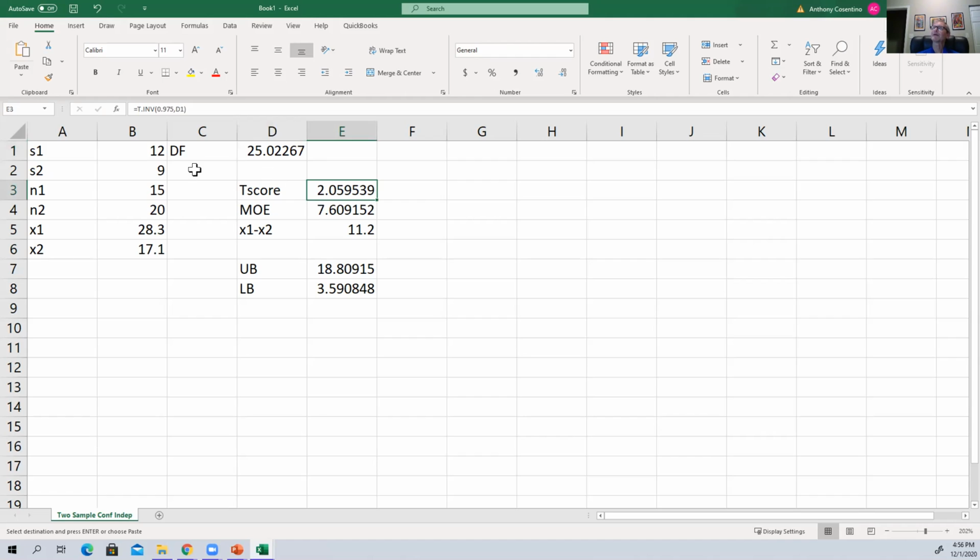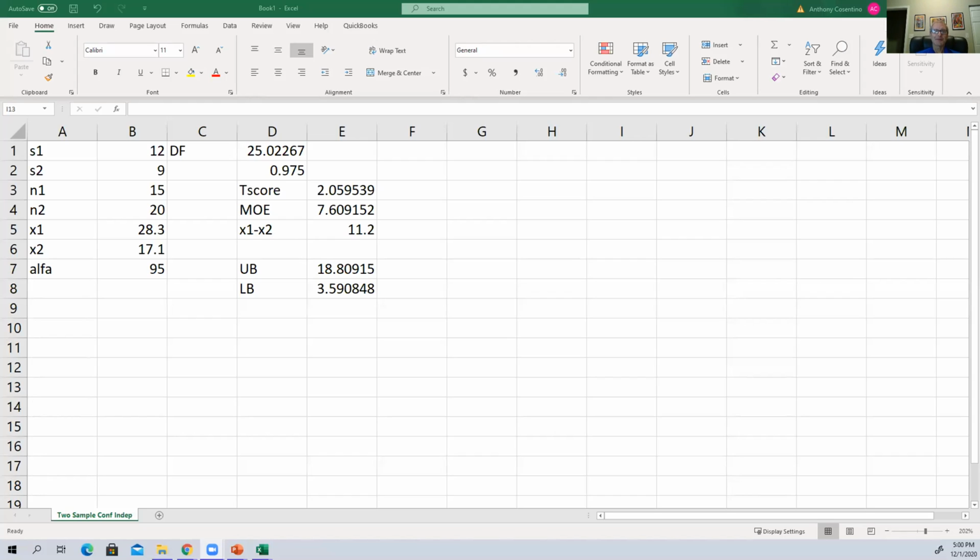And so here I went to the inverse, and this will give you the t-score. Sorry for the pause there. I had to add one more function here, is that you have to plug in the alpha. And so this is 95%. Just plug in the 95.